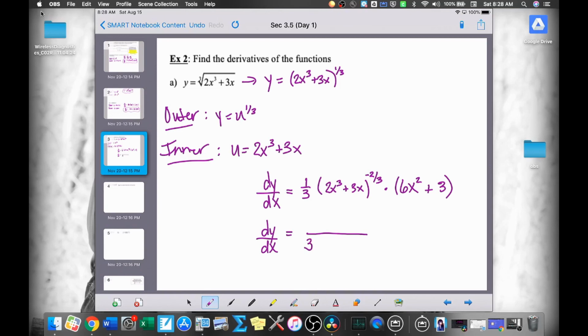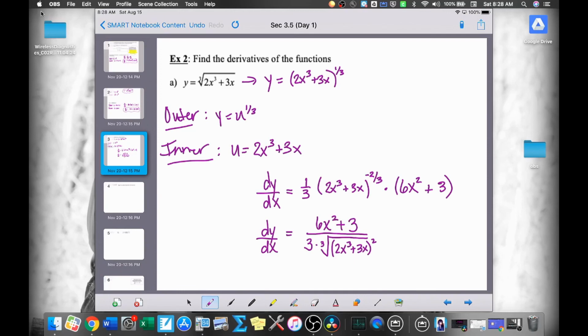And if I'm bringing that 2x cubed plus 3x to the negative 2/3 power downstairs, the power is going to become positive, but I'm going to rewrite it in its root form. So it's going to be 3 times the cube root of 2x cubed plus 3x squared. Okay, so that takes care of the first part. And then our 6x squared plus 3, that lives upstairs.